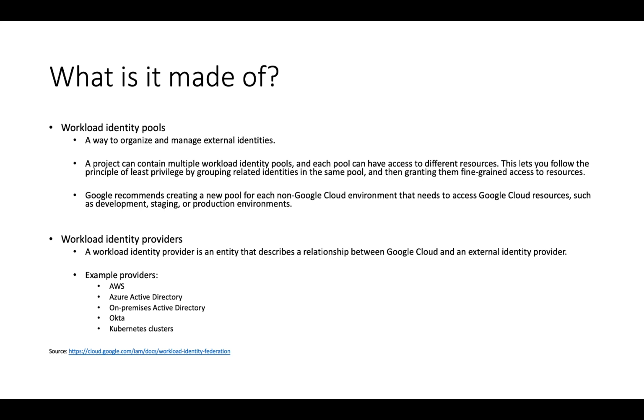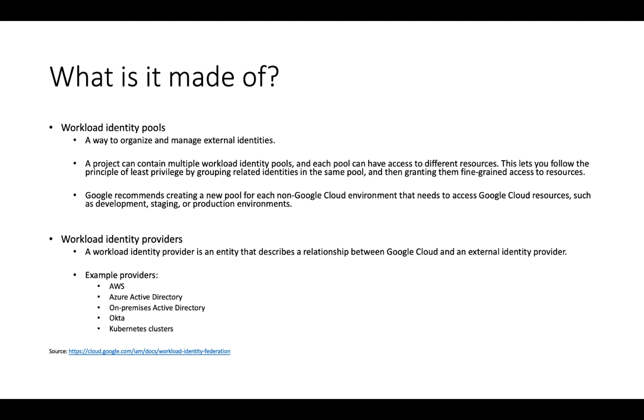If you are coming from an AWS background, you have an account per environment, so you create one workflow identity pool per account: dev, staging, production. So you can control the access tightly.